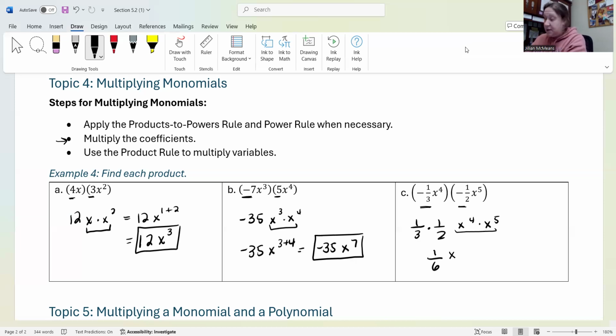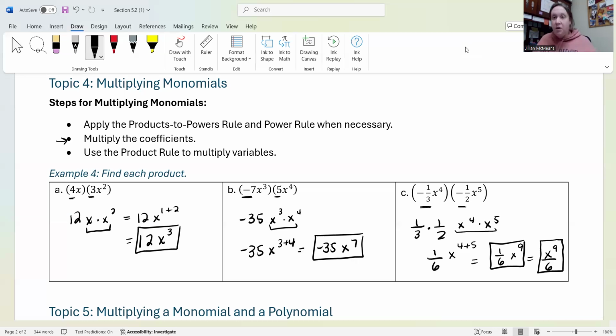I'm going to keep the base. I'm going to add my exponents. So this becomes 1/6 x to the ninth. You could also potentially see this written out as x to the ninth over 6. I'm okay if you leave the coefficient completely separate from the variable factor, but just know that these two things are exactly the same. Okay, so there you have it.